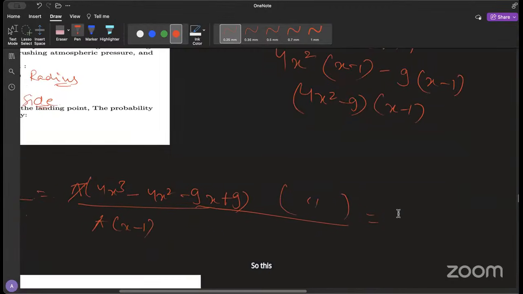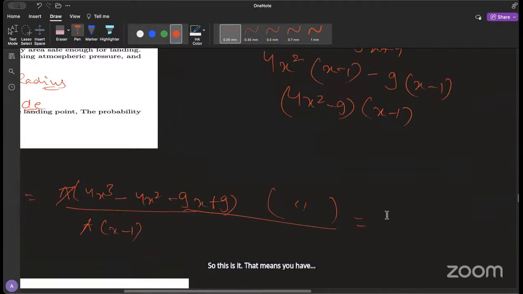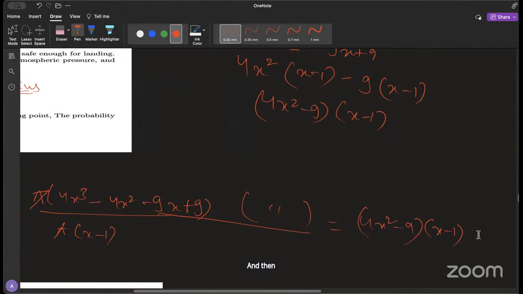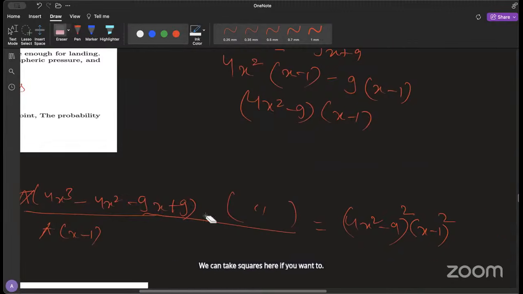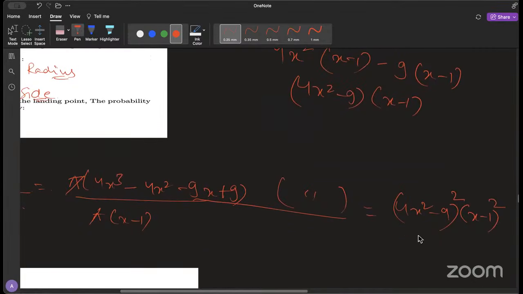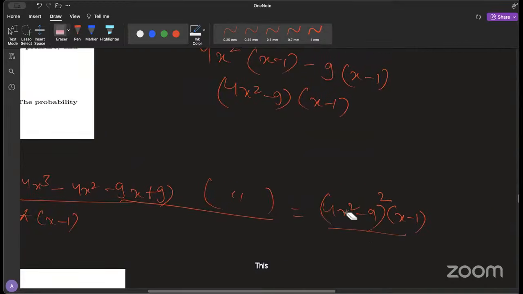So this is it. That means you have 4x square minus 9, x minus 1 here, into this hx polynomial multiplied again. You can take squares here if you want to. And you have to divide by x minus 1. So this is going to become this. So this should be your answer.